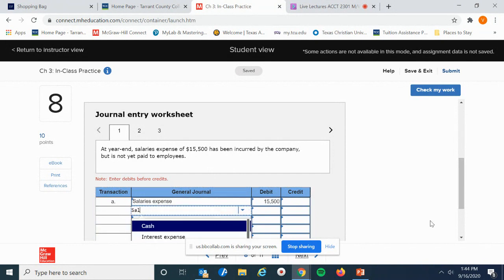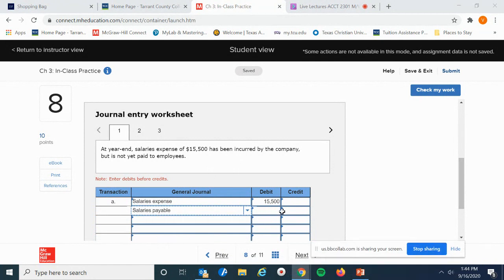We will also credit salaries payable because the employees have not been paid just yet, $15,000. So again, accruals are probably easier. We will always debit the expense account and we'll always credit the liability account if we are recording expenses. For accrued revenues, we'll always debit accounts receivable and credit revenue. So let's look at the next one.